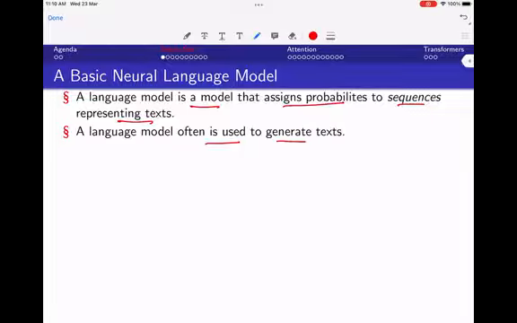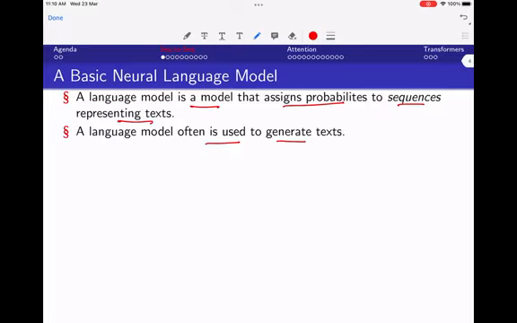If you think that text, that is a sentence, is a sequence, and the model provides probabilities to elements of the sequence, then you can sample from these probabilities the most probable sentence, or in other words, the most probable words given the previous words.